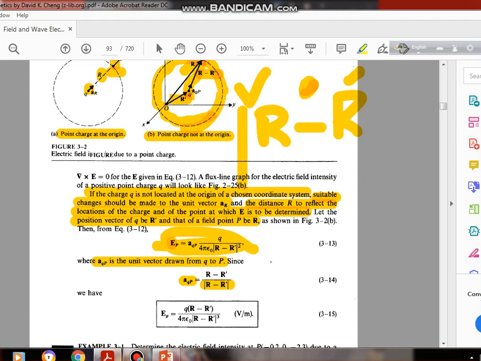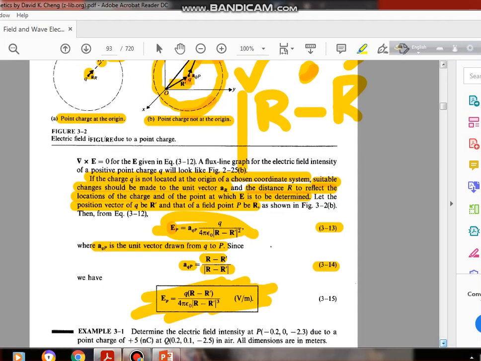After that we replace this equation into that equation and find the final equation of Coulomb's law with respect to electrostatics: the electric field intensity at position P is equal to q times (r minus r dash) divided by 4 pi epsilon naught times the cube of the magnitude of r minus r dash. You can easily get it by replacing a_QP there.